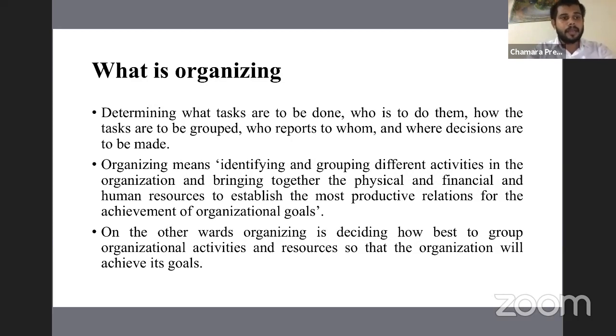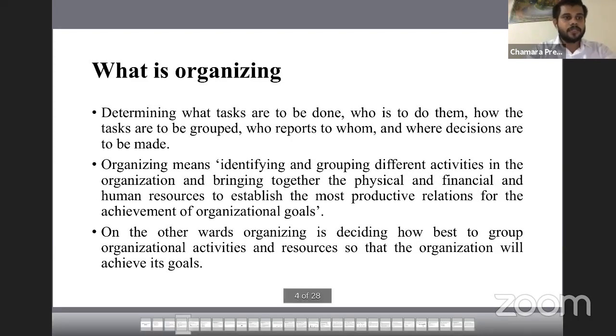Now whether we achieve these organizational goals successfully will depend on your organizational structure, right? If we can't structure our organization properly, we will not be able to achieve these goals as we plan and expect. So that is all about organizing, and there is another definition as well. So you can take a look at that one as well.